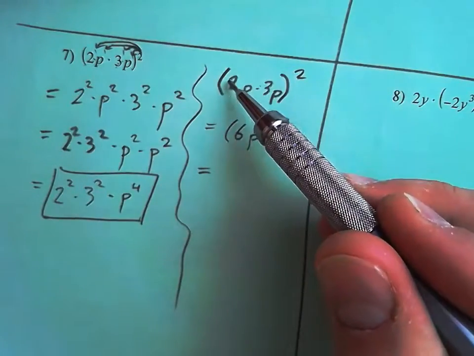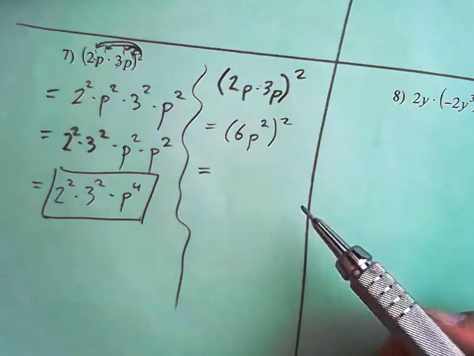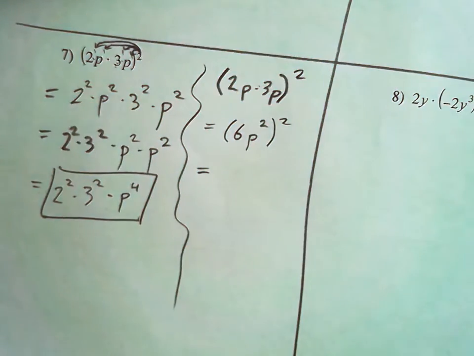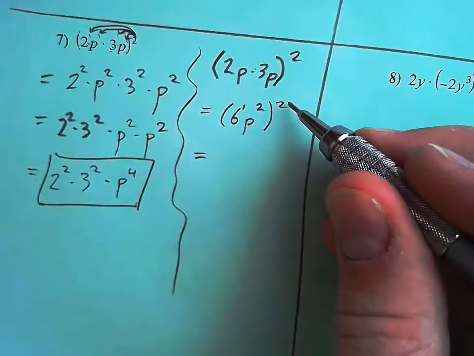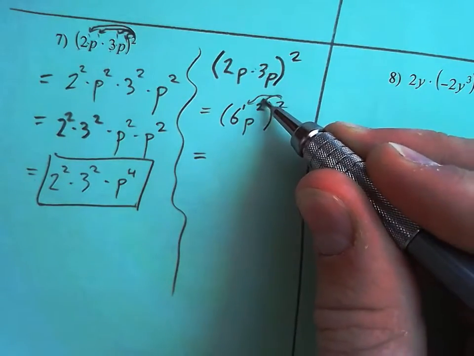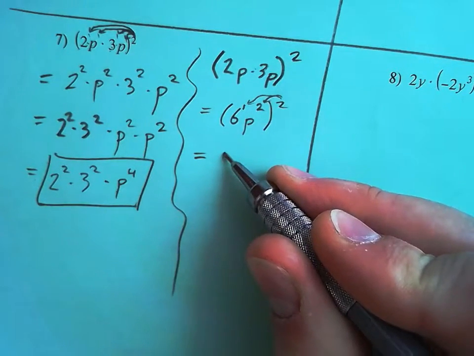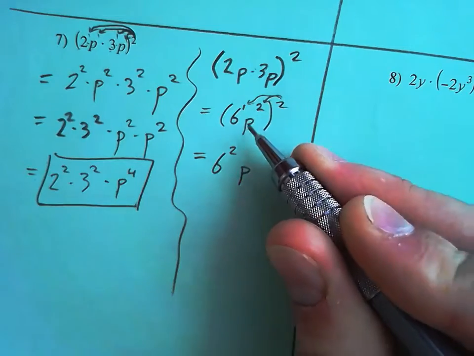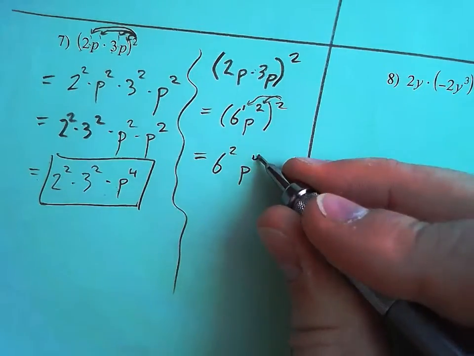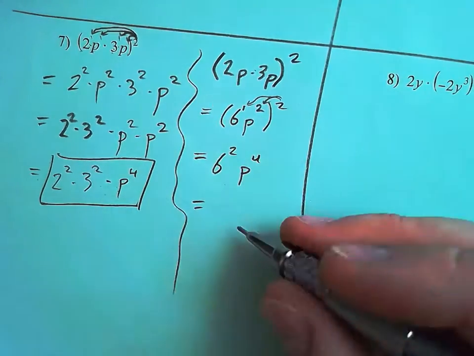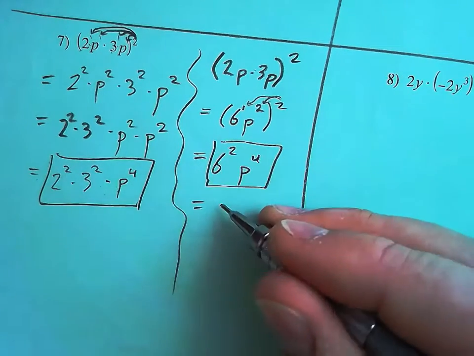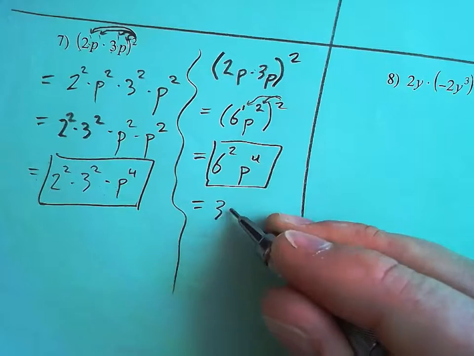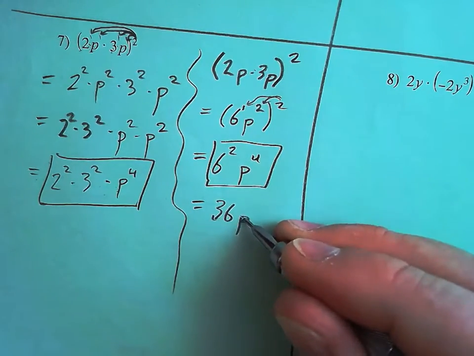But you can move the 3 over with the 2 and the p over with the p, just like we kind of did on that step. Anyway, 6, that's really 6 to the 1st. Now we're going to do this and say 6 to the 1st squared is 6 squared. P squared squared is p to the 4th. And 6 squared is, so we could stop here, or we could say 6 squared is 36 p to the 4th.